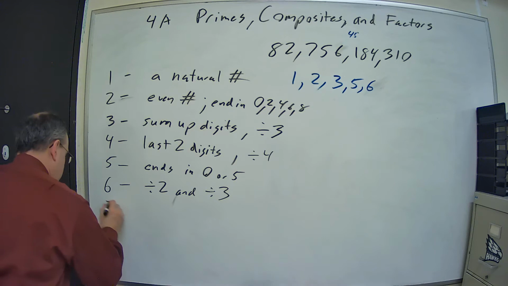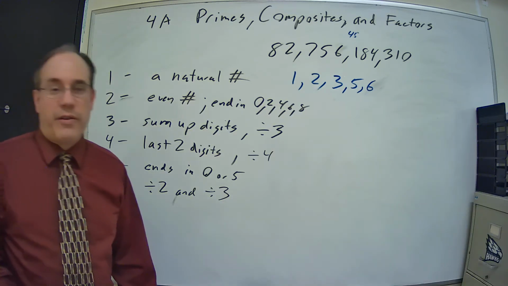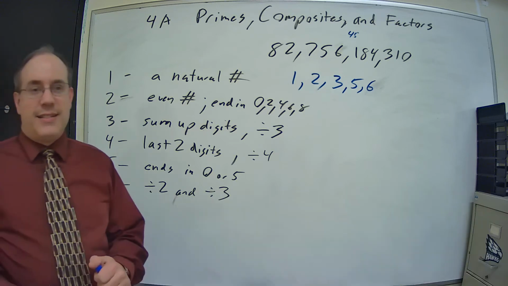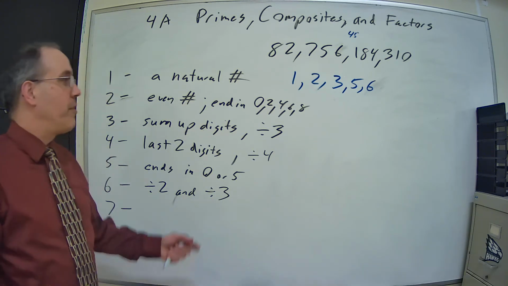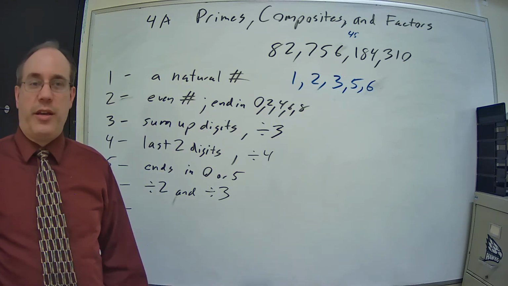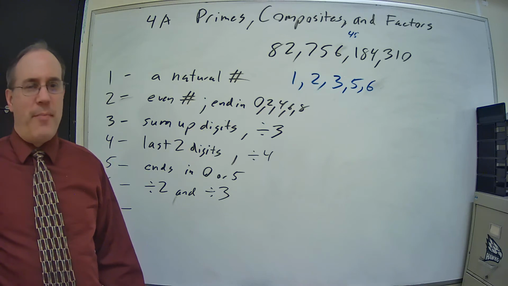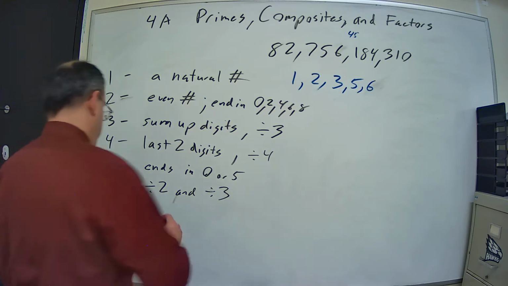Divisible by 7. Okay, now here's where there is a method that you can use to determine if a number is divisible by 7, but it is so much work to do that method, to remember that method and do that method, that you might as well go for this really fancy method of use calculator.